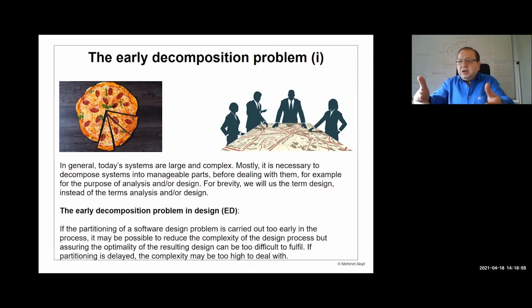Because it's too early, that means you have not yet understood the problem very well, but it's too complex. You need to divide it into pieces. You hope, of course, that because of subdivision, you simplify the problem to a certain degree, but the subsystems are not ideal because of too early decomposition.